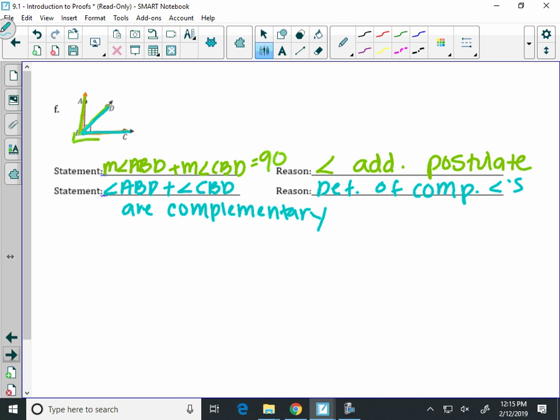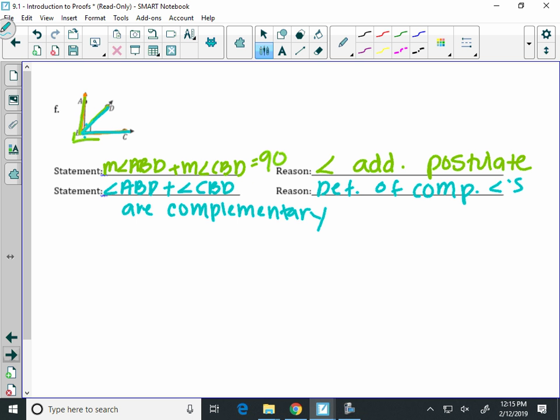Yes. So it matters in what order you give it in? Yes, because you can't say that they're complementary before you say they add to 90. We had to state that they added to 90 in order for them to be complementary. If we're told that they're complementary, like if it said these angles are complementary, then you could reverse it. But we weren't told. We just used the diagram.